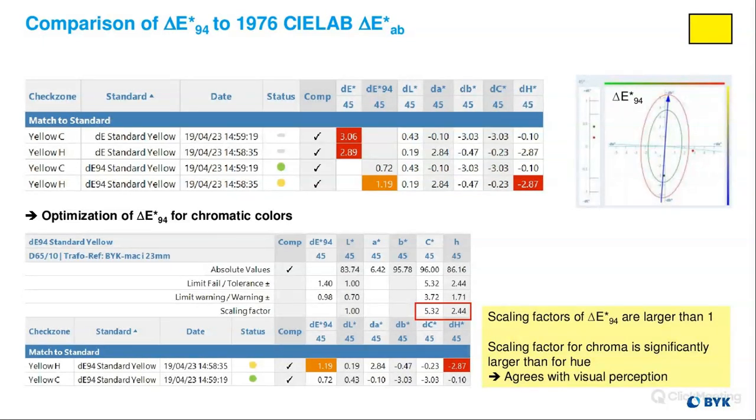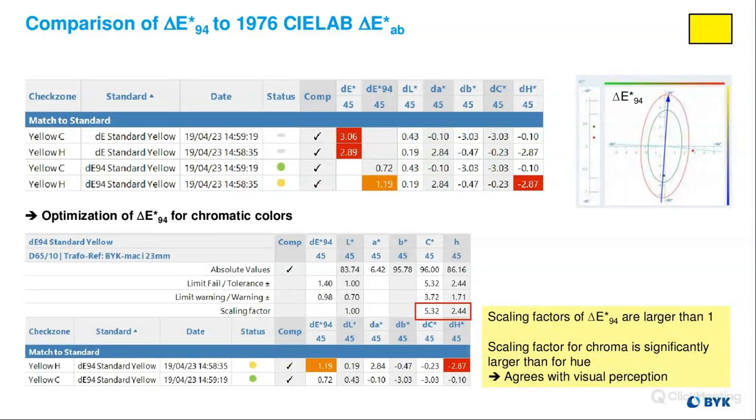But if I use delta E94 and weighted color tolerancing, now my yellow with my chroma shift is going to be delta E94 of 0.72, because for the delta E94, remember my chroma can shift more than my hue can shift, and so that's okay for this equation. So my CIELAB number is actually too tight for the tolerancing. I need to use delta E94, and that matches more closely to what I see visually for this color.